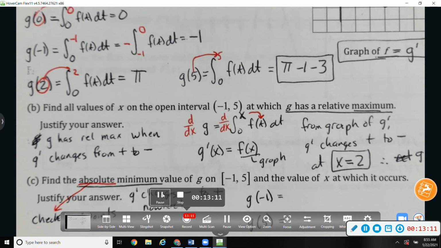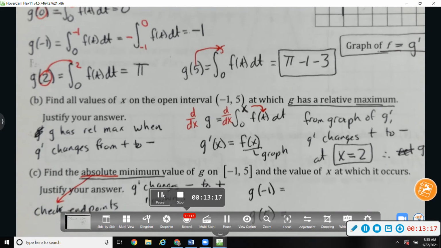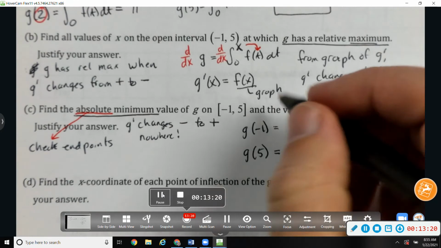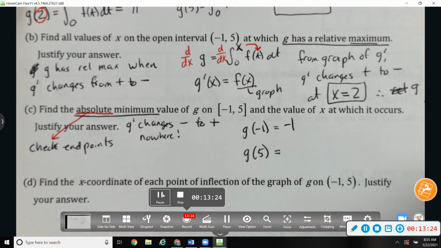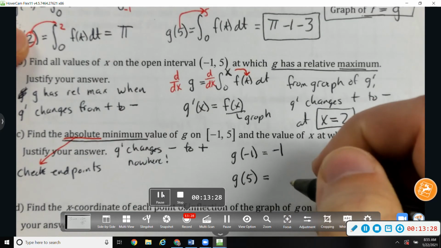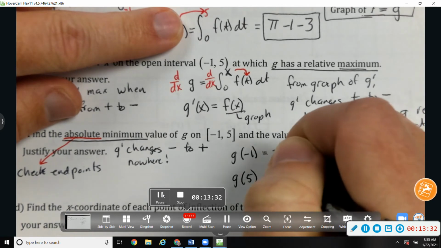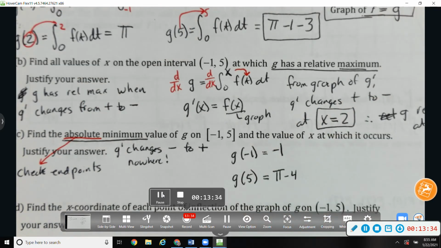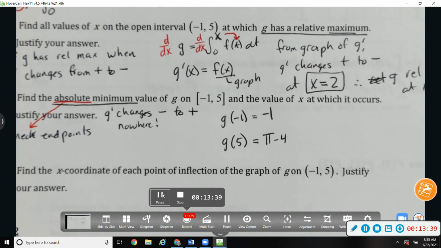On the AP test free response questions, not always, but a lot of times they use previous information, so it saves you a little bit of time if you recognize that, wait a minute, I already found g of -1. It was -1. g of 5 was pi minus 4. Oh, that's kind of tricky. Which one of those is smaller, -1 or pi minus 4?